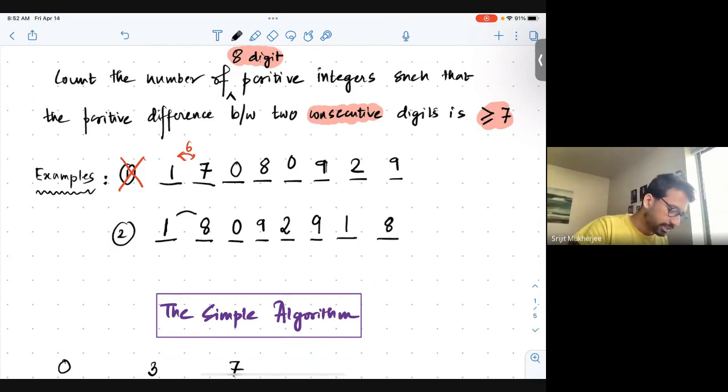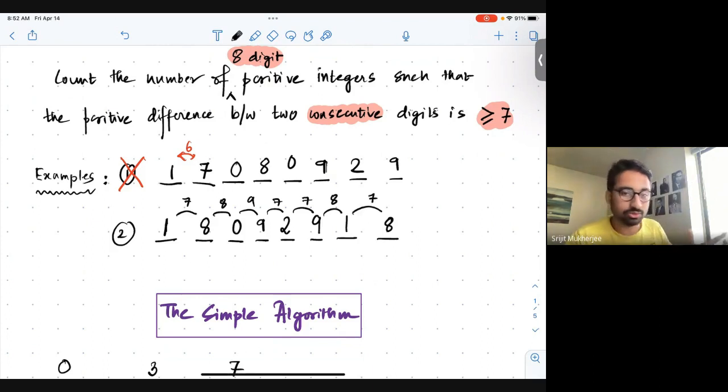Also, the difference is 7 here, 8 here, 9 here, 7 here, 7 here, 8 here, 7 here. So all of them are at least 7. In the earlier example it's 6, so it doesn't follow the rule, but the others are 7. If one of them is false, then it's not such a number that we are looking for.